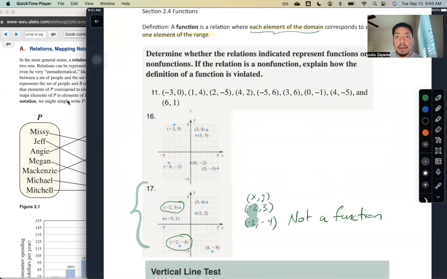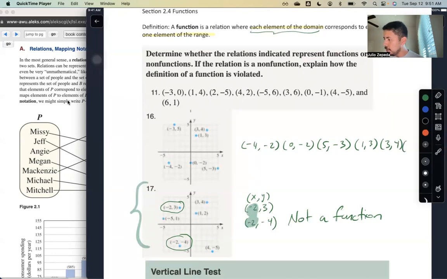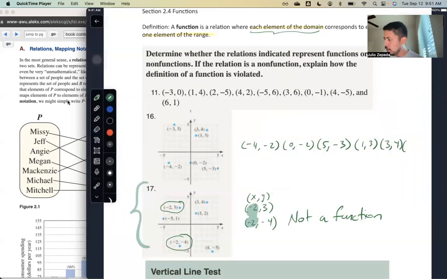Now, a function is a relation, a set of points, where each element of the domain corresponds to exactly one element in the range. So let's take a look at example 16: -4, -2; 0, -2; 5, -3; 1, 3; 3, 4; and then our last point is -3, 5.